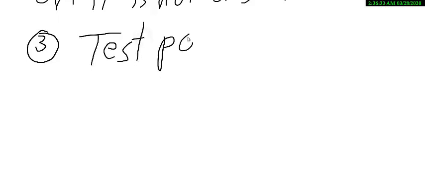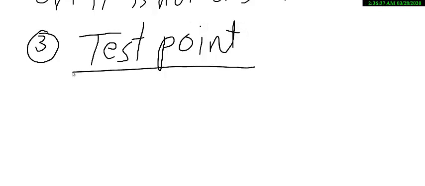The third procedure, number 3: we need to identify the target area which contains all the solutions of the inequality. So I have to use what you call the test point. What does a test point mean?